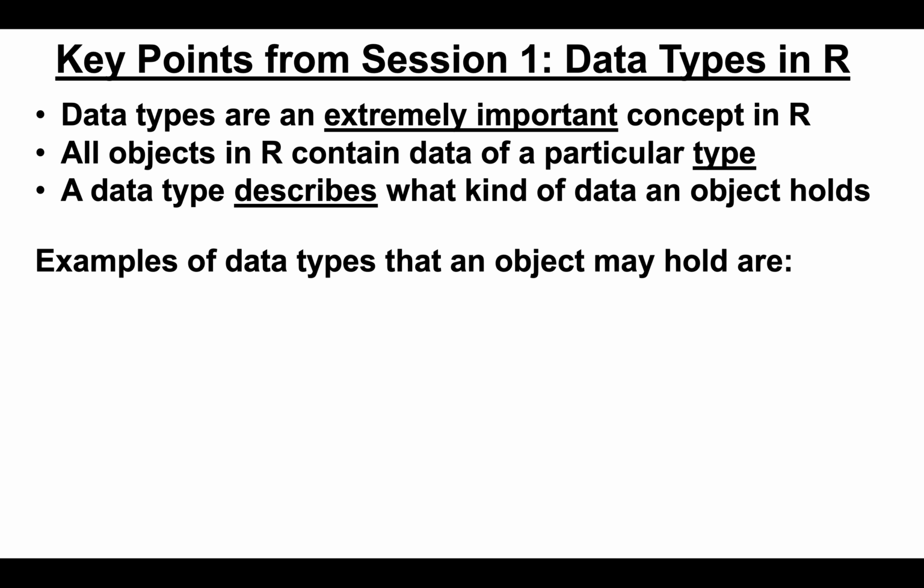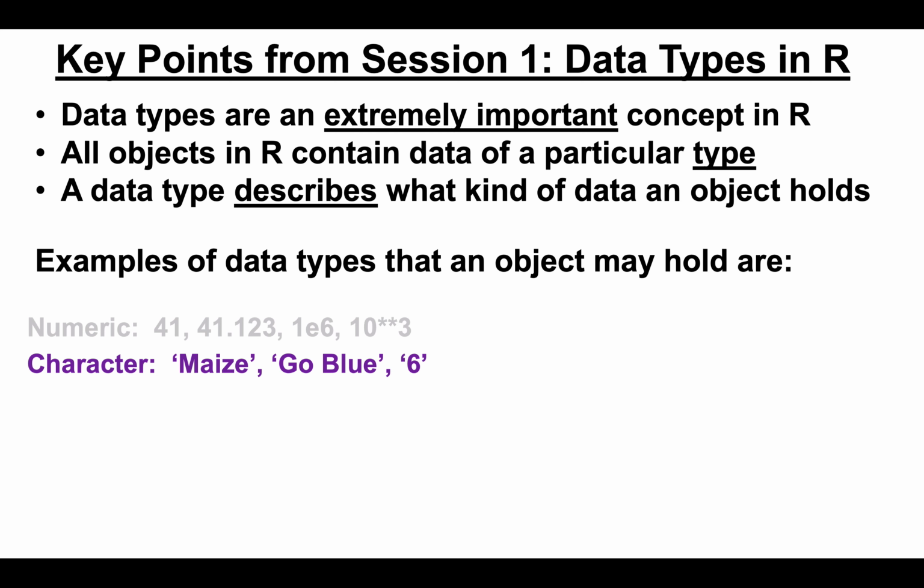We also learned about data types last time. Data types are an extremely important concept in R. All objects in R contain data of a particular type, and a data type describes what kind of data an object holds. Examples of data types that an object may hold were numeric, which is pretty straightforward, and character, which you're familiar with.